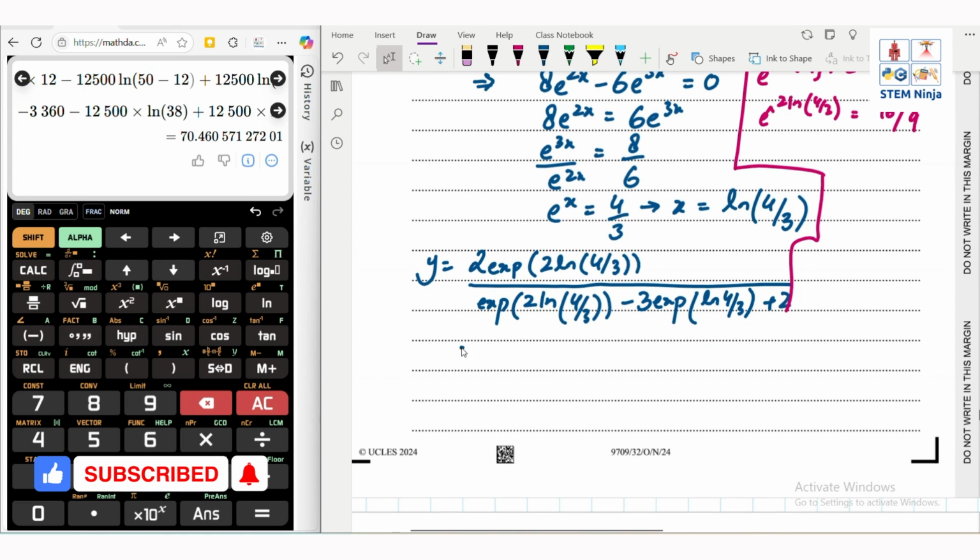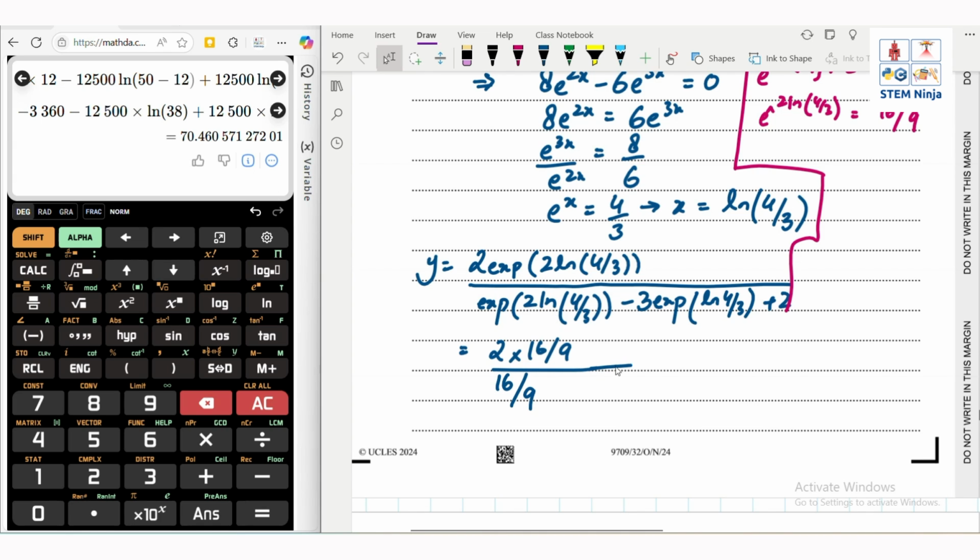So 2 times 16/9, divided by, again, 16/9 minus 3 times 4/3, that's just 4, plus 2.